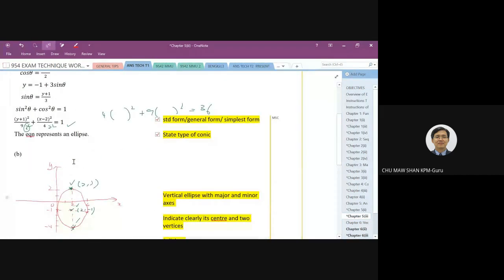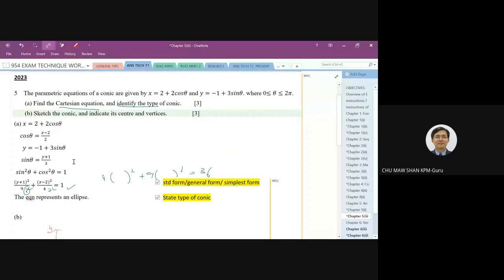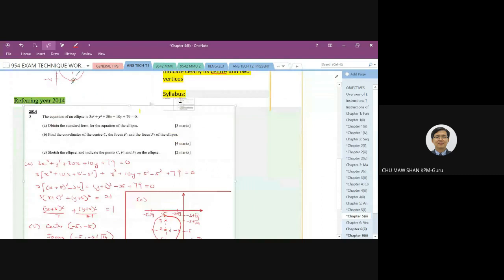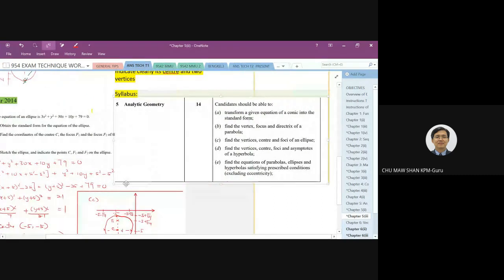I tak boleh jawab you. I don't know. I cannot answer you. If I check the syllabus, I always thinking to what extent we want to sketch our parabola, our ellipse, our hyperbola.